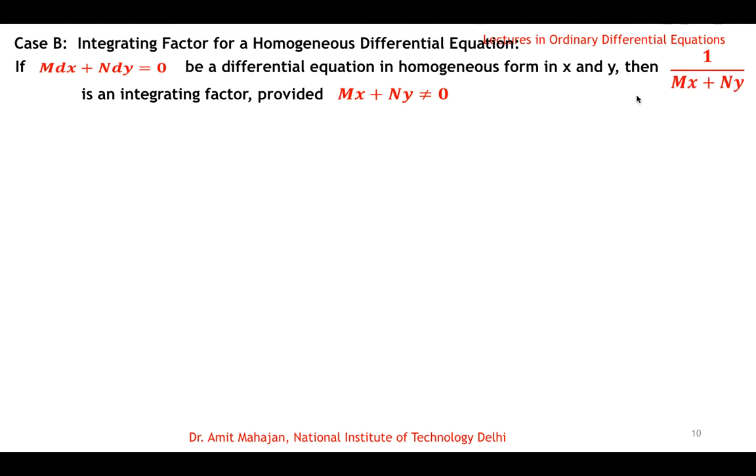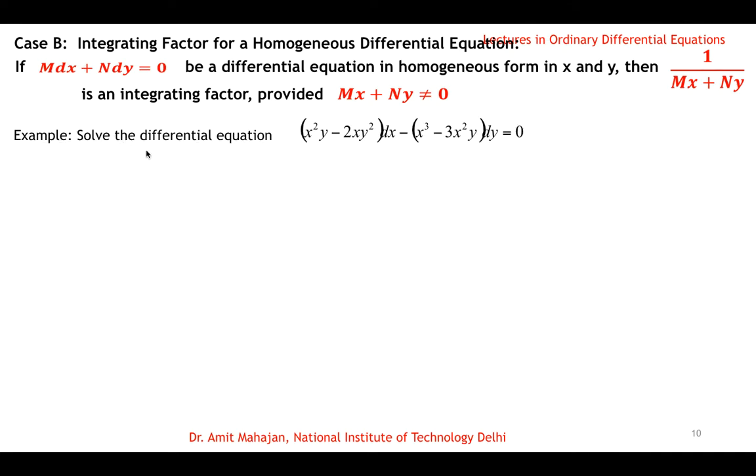Okay, so if you are given a differential equation and you found that the differential equation is not exact, that means partial derivative of m with y is not equal to n with x, but the differential equation is homogeneous, then you can find this integrating factor 1 over mx plus ny, and role of this factor is that if you multiply this factor to the differential equation, then the differential equation can be written in a new form which is exact, and then you can find a solution.